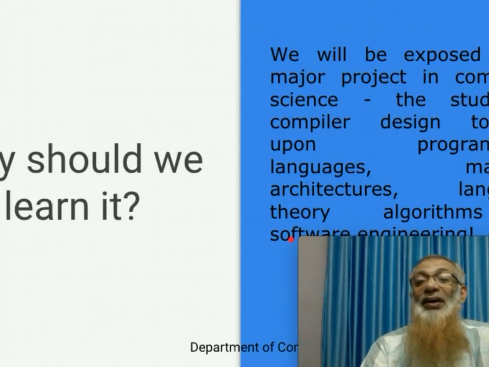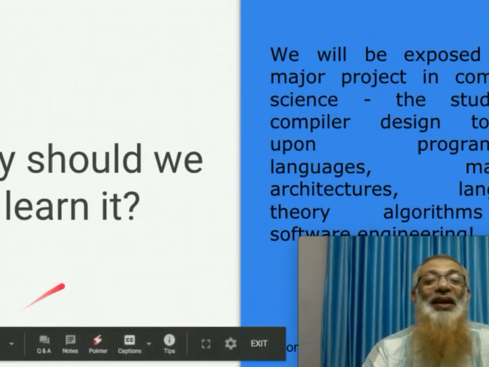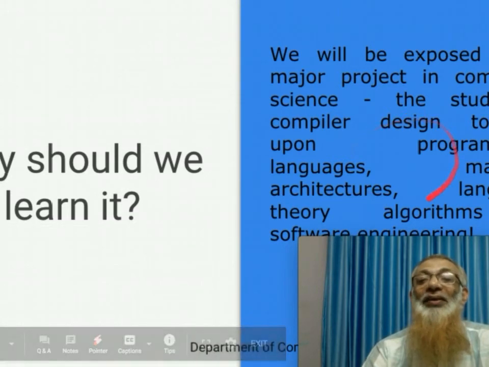Remember that source code is the input for the compiler, and there has to be a mechanism to represent our source language, either C or whatever it may be, so that an algorithm can process that. Lastly, it's a big software project, and software engineering is about building a good project. So compiler design study encompasses all these areas.